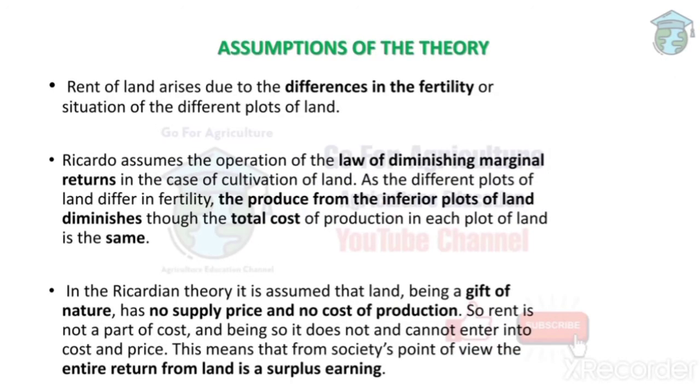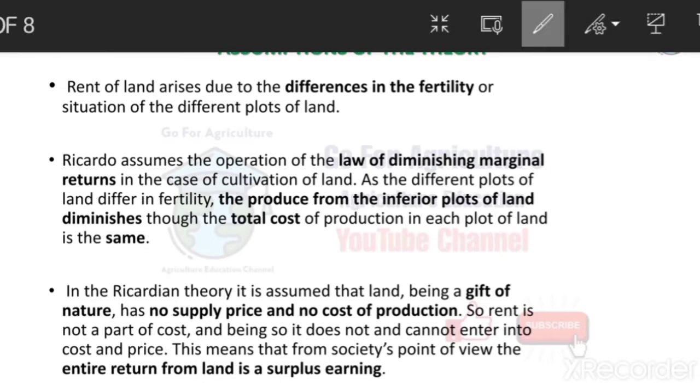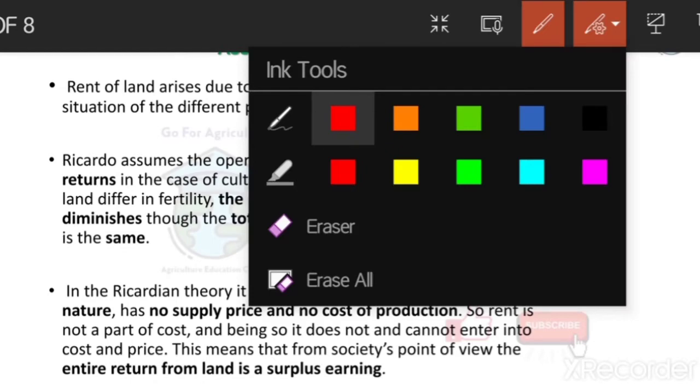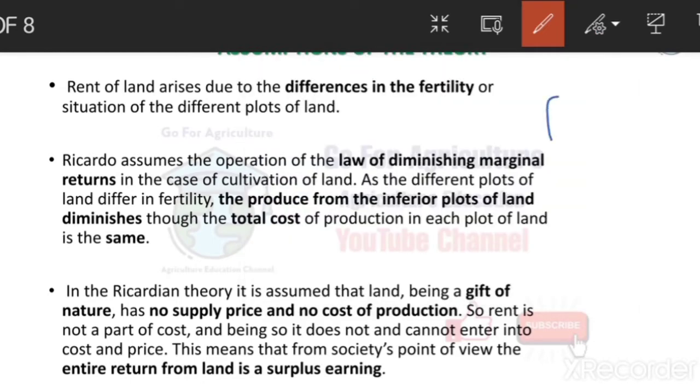Next are the assumptions of the theory. There are some assumptions. The first assumption is that rent of the land arises due to the difference in fertility. Fertility means the productivity of the land. For example, take three lands: land A, land B and land C. These three lands have different productivity.